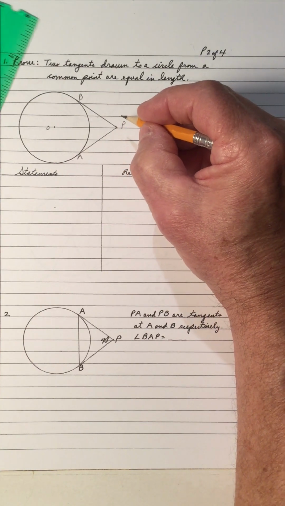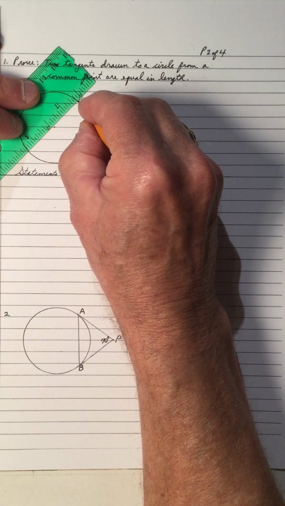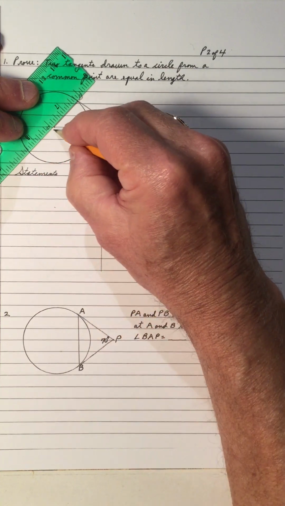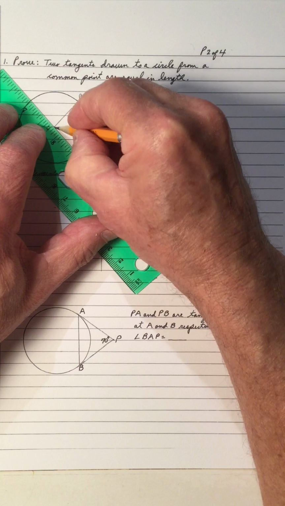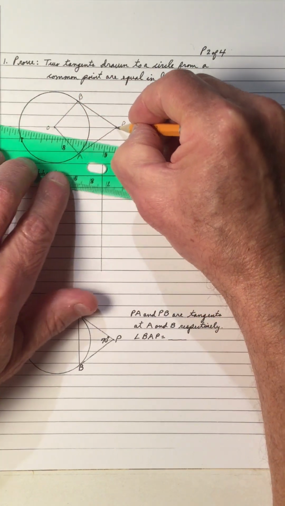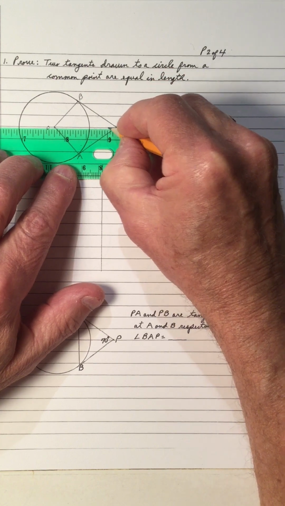So we have to prove this. What I'll have to do is draw a radius from O to B, and also draw a radius from O to A. And I'm going to join up from P to O to create two triangles.